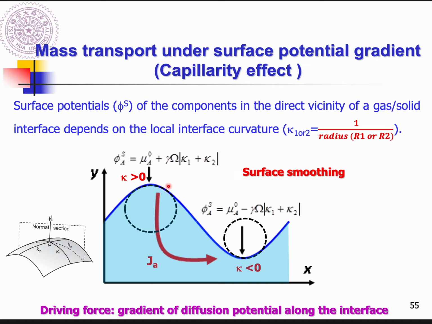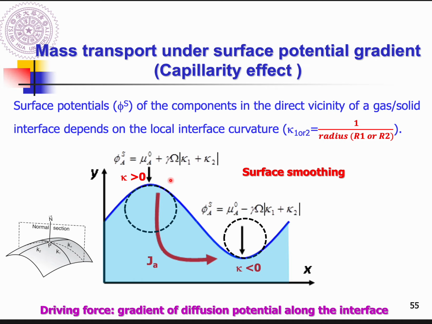Okay, and additionally, some people will probably question the kappa. Here I use the positive kappa to describe the atoms at the convex region, and use the negative kappa to describe the atoms at the concave region. The reason is that here you plus the extra term, right?